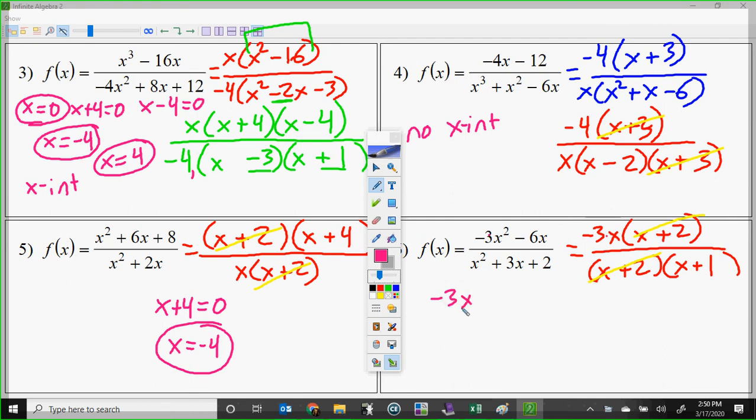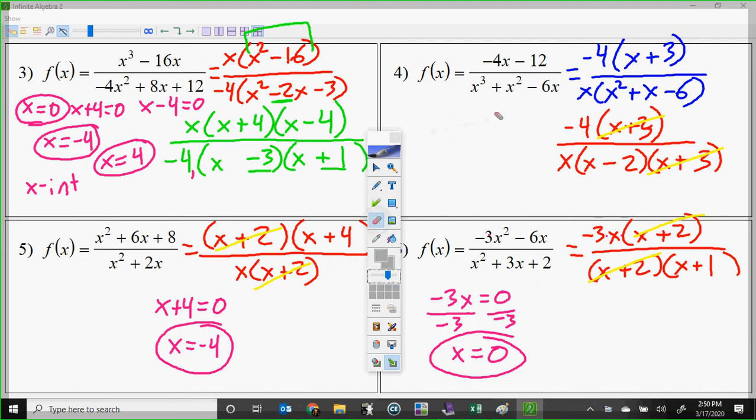Or if you're thinking of this as just 2 different terms, I could think of this as just an x, but either way, set it equal to 0, divide by negative 3, and I get x equals 0. I have an x-intercept at 0. That's how I find x-intercepts. Alright, so let's get rid of those.